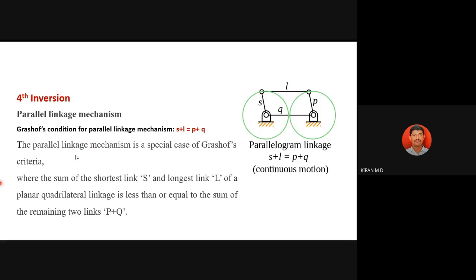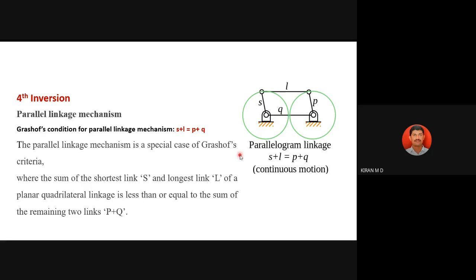And the last one: here also we fix any one link among the remaining two links. But here, S plus L is equal to P plus Q, meaning the sum of the lengths of the shortest and largest links is equal to the sum of the lengths of the remaining two links. To achieve this, the shortest link is used as the driver, and P and Q are used, with one link as the driven link. The last link is equal to the first link, and the coupler is equal to the fixed link.